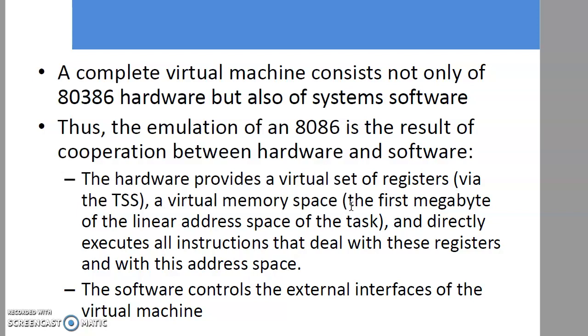You know, the 8086 has an address space of 1 MB, as it has a 20-bit address bus, so 2 raised to 20 is 1 MB. So the virtual 8086 mode also supports 1 MB of address space for every 8086 program, and directly executes all instructions that deal with these registers and with this address space.